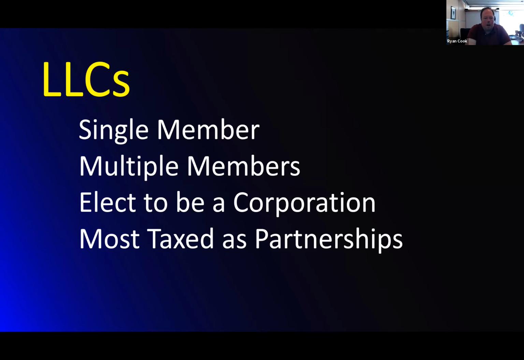Now, it can elect to be a corporation as well. At that point, it can have multiple members. And again, it's taxed to them individually. They have the benefits. It has its own body where the liability sits out here, but it passes through to them.